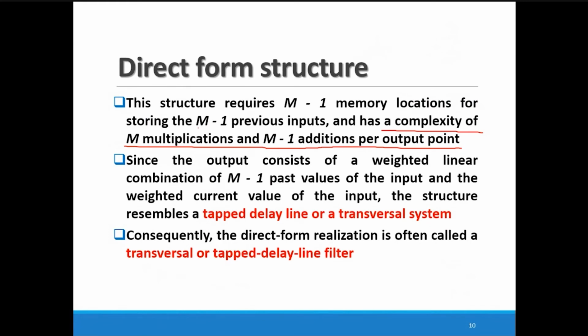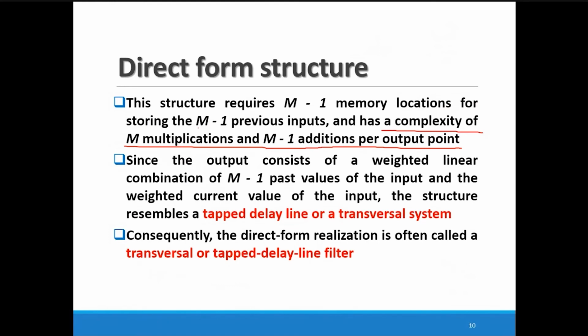Since the output consists of a weighted linear combination of m minus 1 past values of the input and the weighted current value of the input, the structure resembles a tapped delay line or transversal system. Tapped delay line means for every tap you are getting some delay.